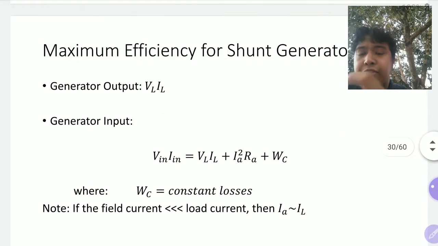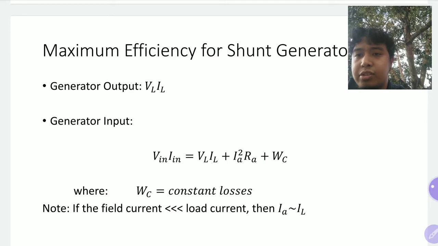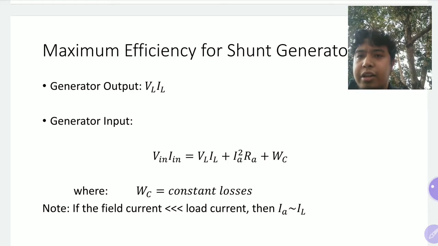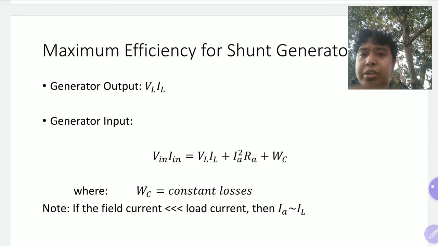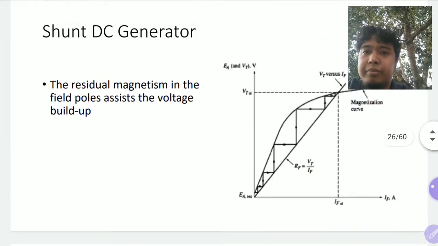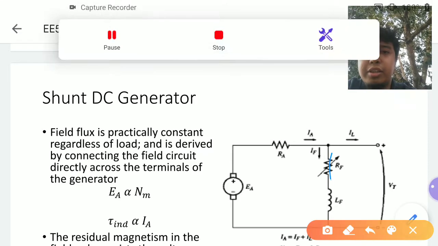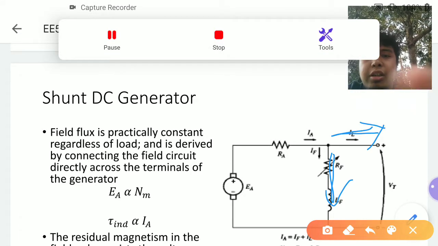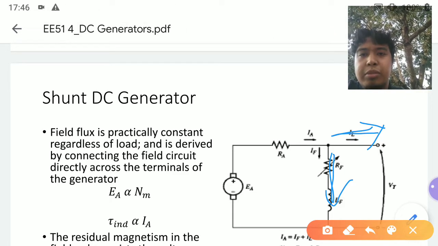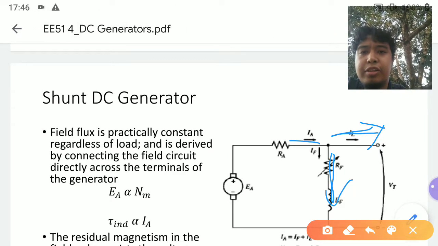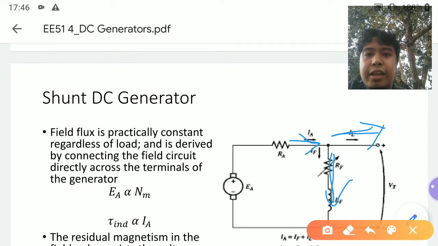Now, if the field current is really small as compared to the load current, then by KCL, IA is IL plus IF.